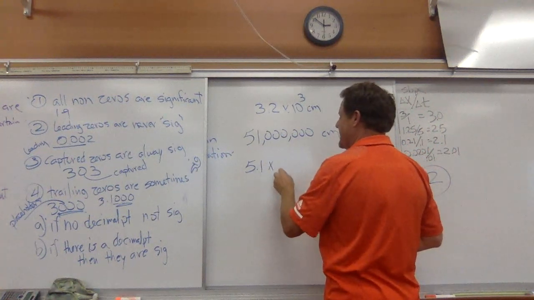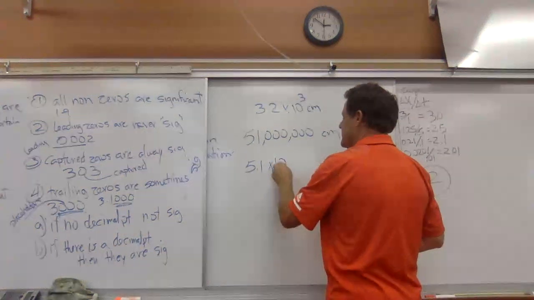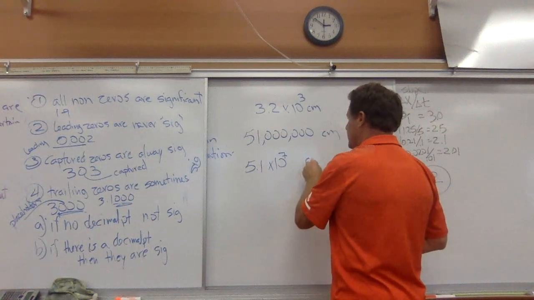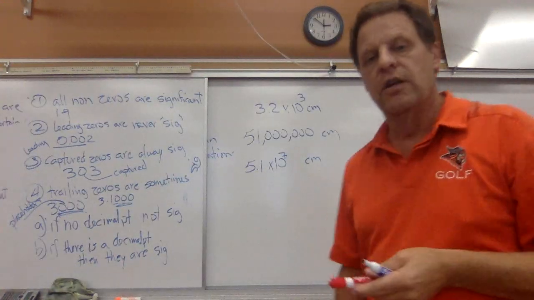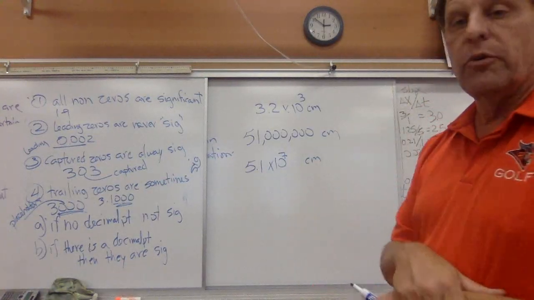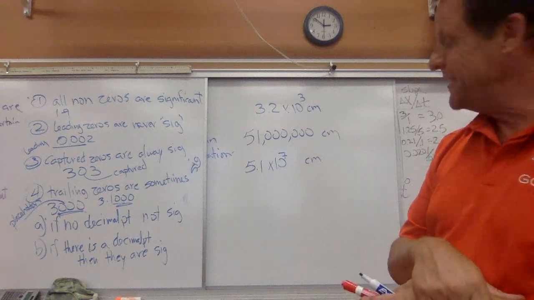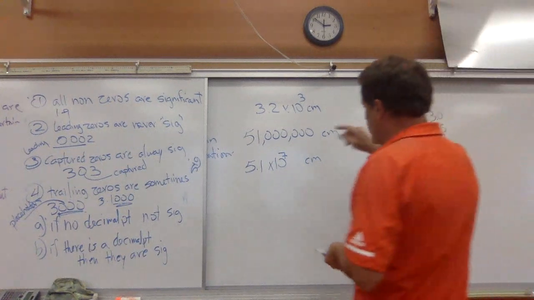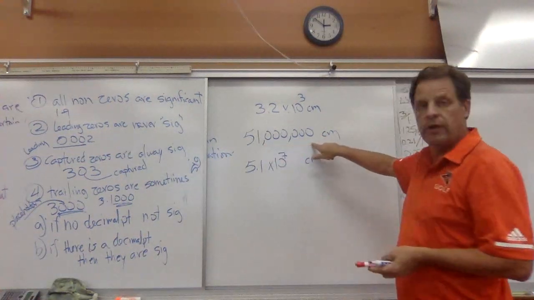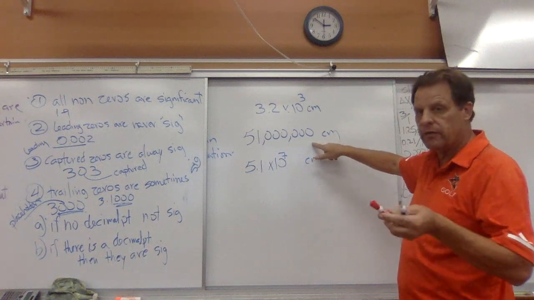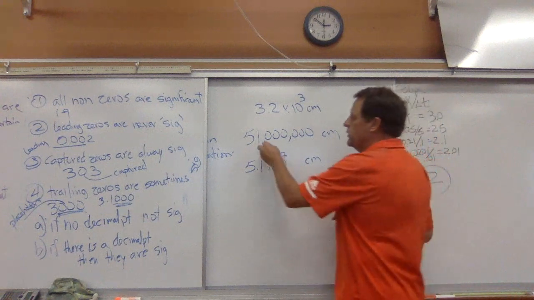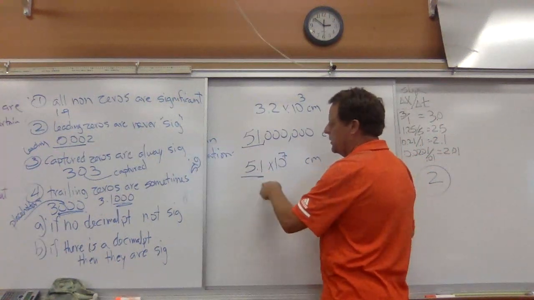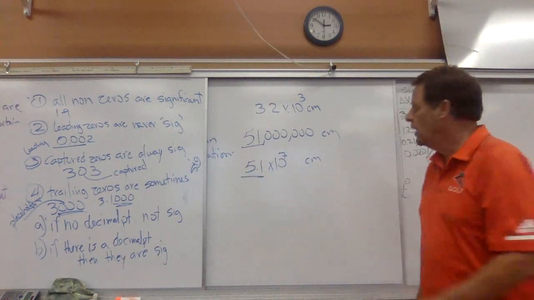So it's going to be 5.1 times 10 to the 7th centimeters. And we want to just count the numbers that are significant, and these are trailing zeros with no decimal point. Trailing zeros with no decimal point are not precise. So the only 2 we have is here, and that's going to be reflected down there.